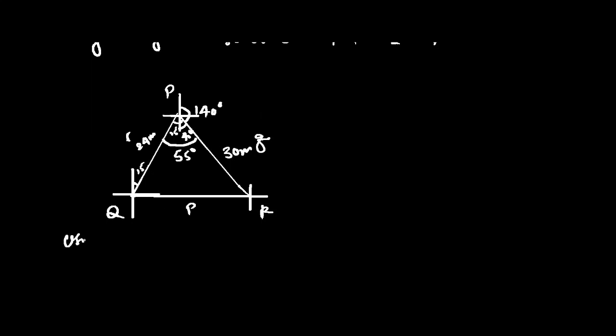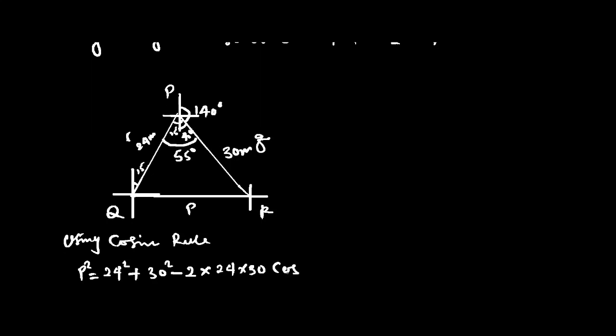So using the cosine rule, you therefore have what? q squared equals p squared plus r squared, which is 24 squared, plus 30 squared minus 2 multiplied by 24 multiplied by 30, then cos of 55.